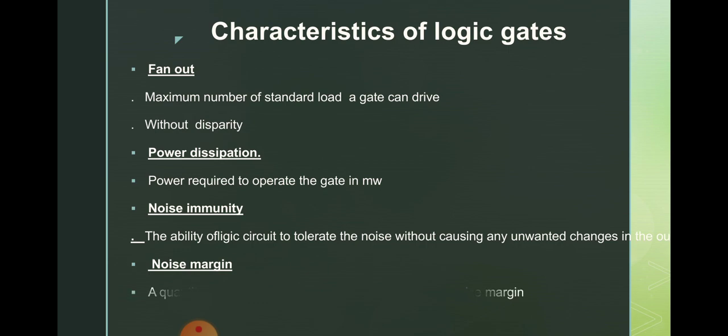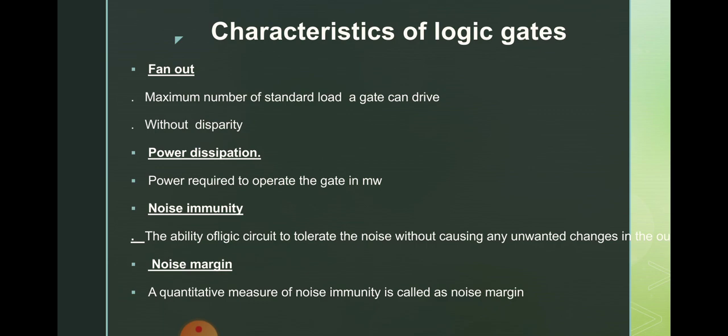The next characteristic is noise margin. What is meant by noise margin? It is a quantitative measure of noise immunity, a unit which is used to measure noise immunity. This is known as noise margin.